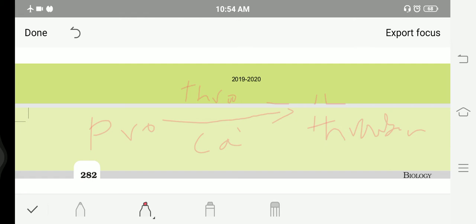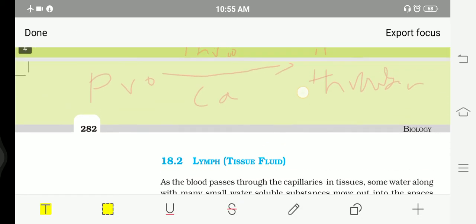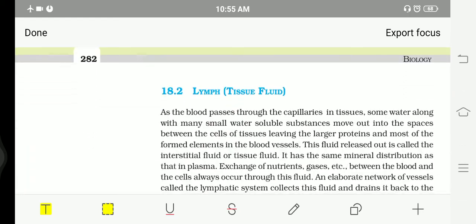When the thrombins are formed, they further catalyse the conversion of soluble fibrinogen into insoluble fibrin threads. That is the third step.